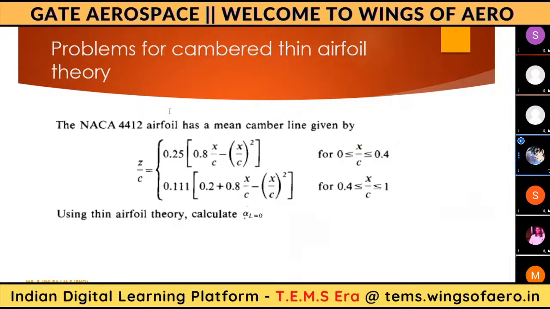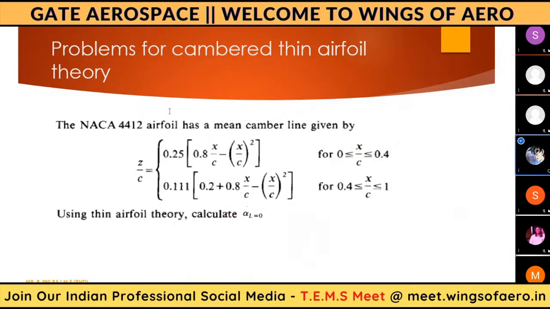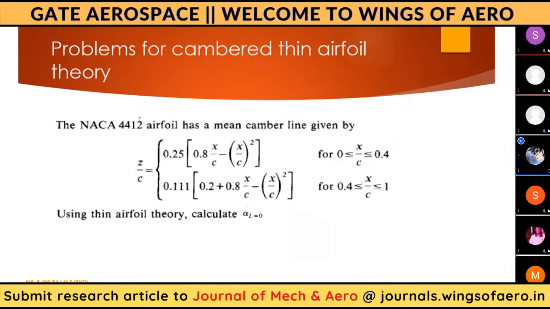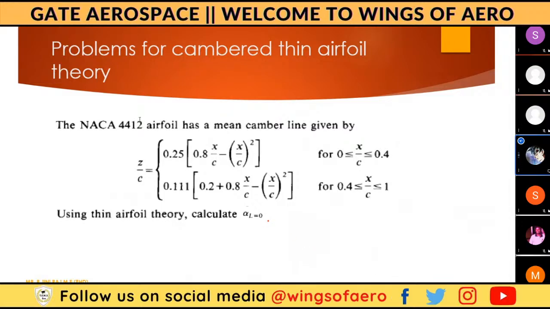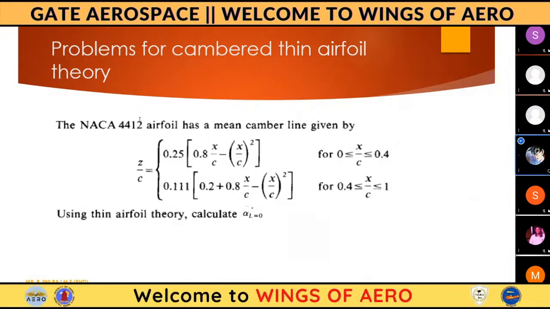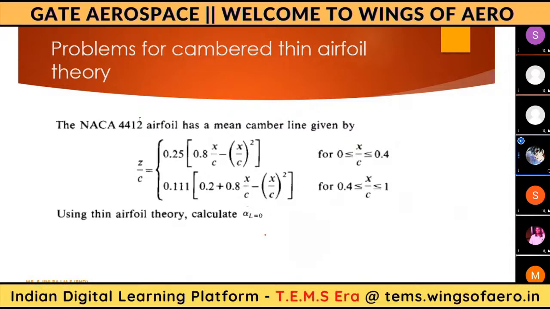Based upon this, we will get the dz by dx value, and after that we will find A0, A1 and the other values, substitute the A0 and A1 values and find the alpha L equal to 0 value. Here we need to calculate the alpha L equal to 0 value, but they can also ask for lift values, drag values and moment values.